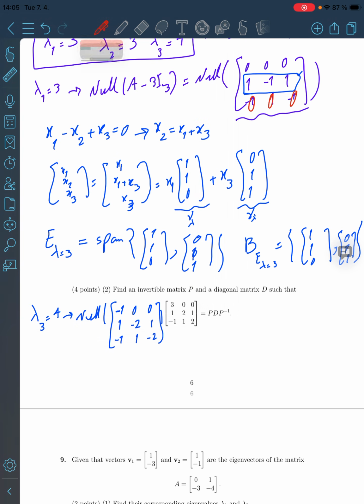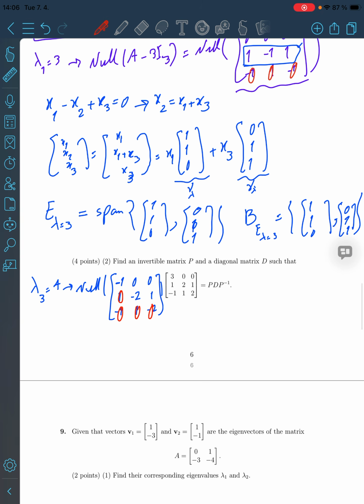To compute the null space, I can add the first row to the second row and make this one 0 easily. And then I can multiply the first row by negative 1 and add it to the third row. Therefore, I can make this one 0. Then I can multiply the second row by 2 and make this one 0, and what I am left with is this nice matrix. If I encode the first row, what I have is x1 is equal to 0.